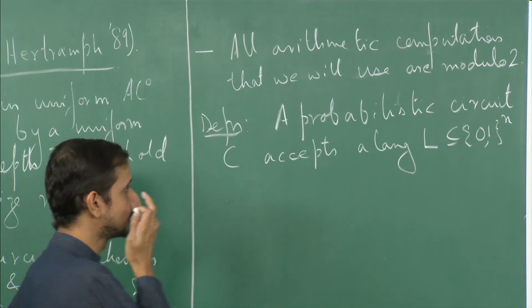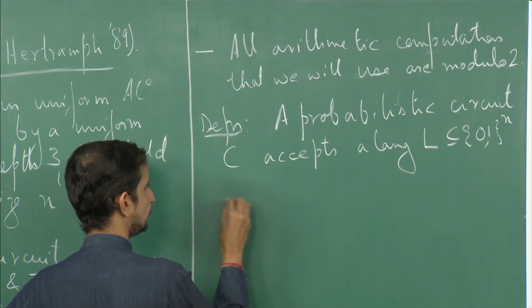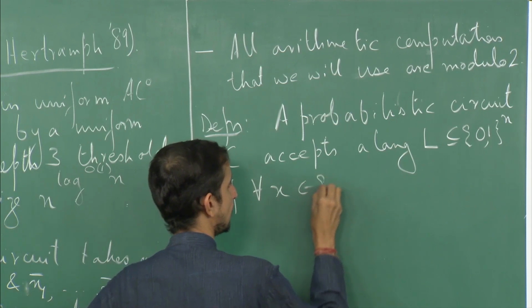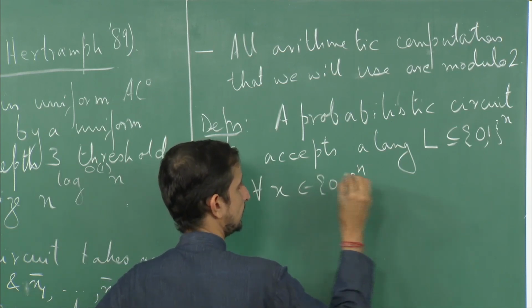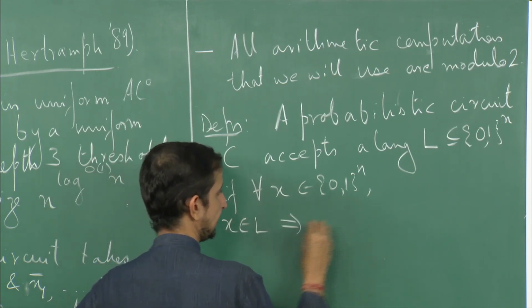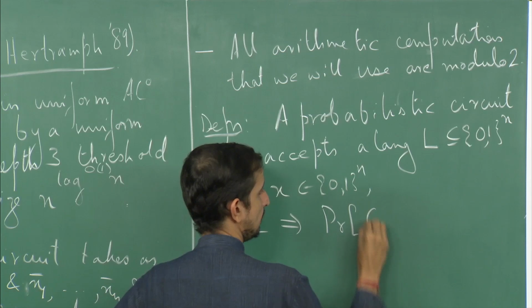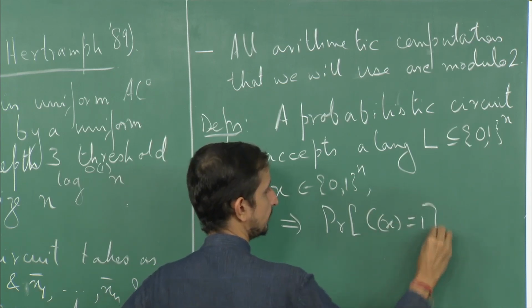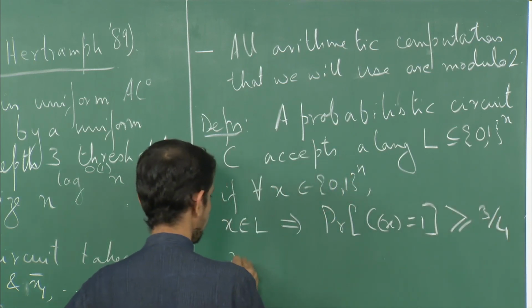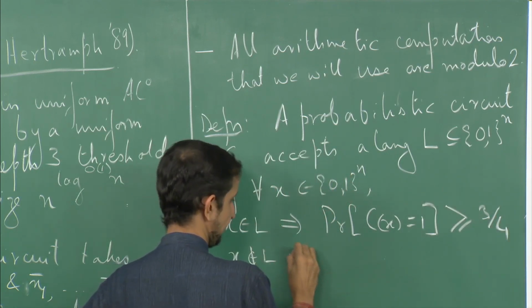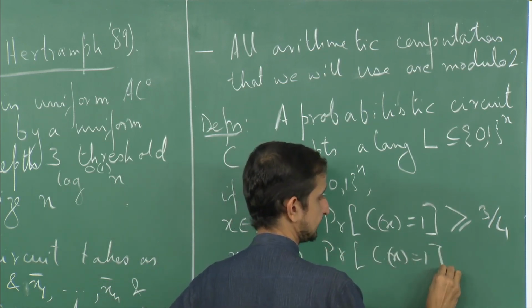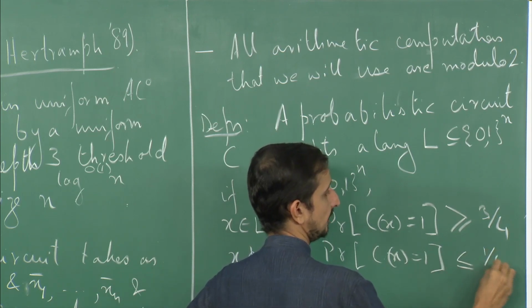So, we are looking at all strings of length n. For all x in 0 1 to the power n, if x is in L, then the probability that C of x accepts is greater than 3/4, and if x is not in L, the probability that C of x accepts is less than 1/4.